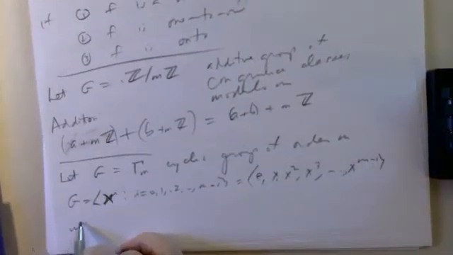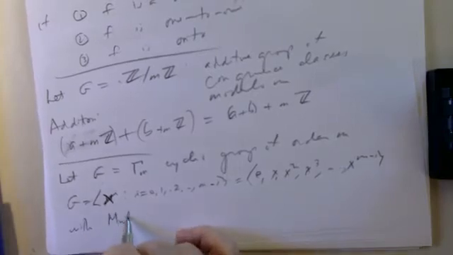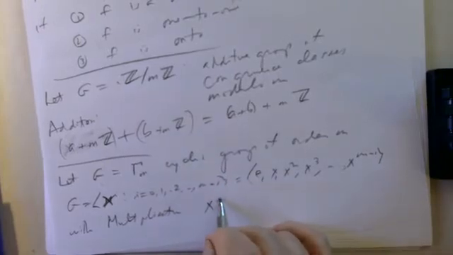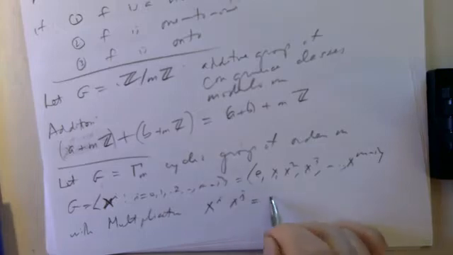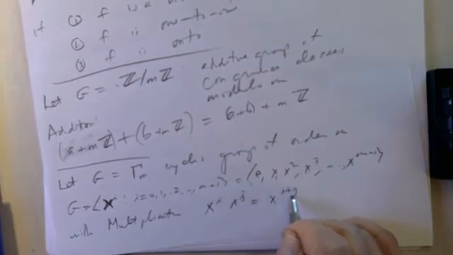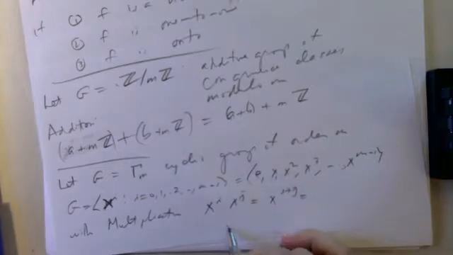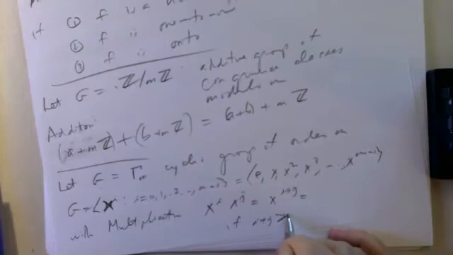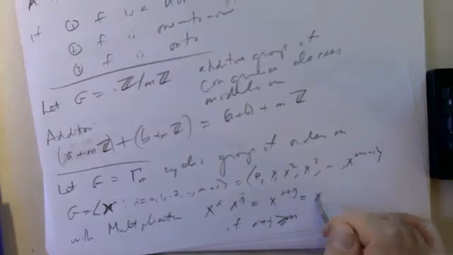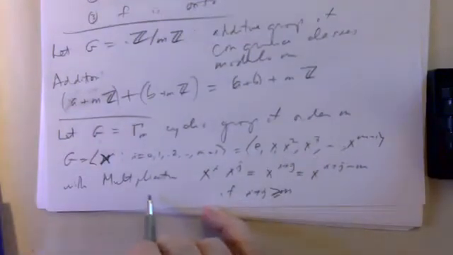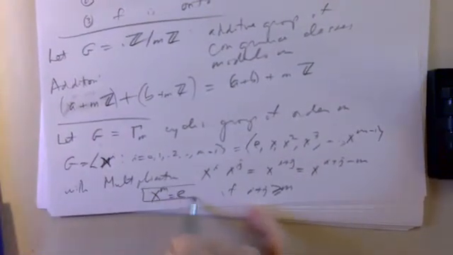And this is a multiplicative group with the following multiplication: x to the i times x to the j is equal to x to the i plus j, but if i plus j is greater than or equal to m, this is x to the i plus j minus m. And the fact that this is a cyclic group of order m means x to the power m is the identity.